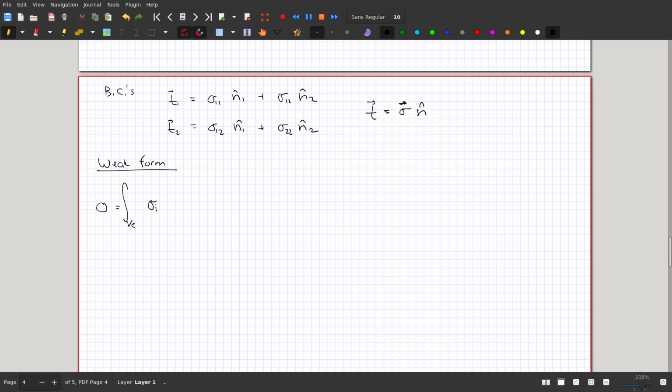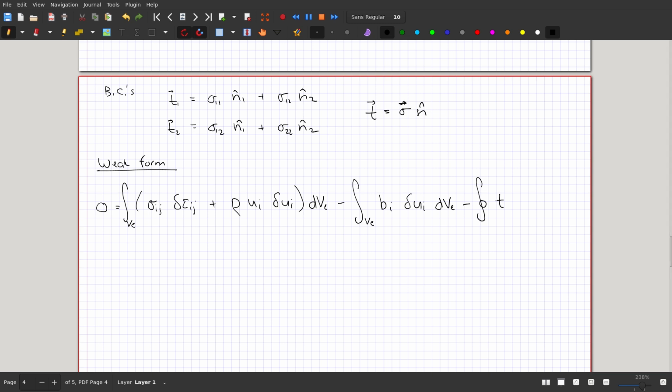It'll be sigma ij delta epsilon ij plus rho ui delta ui dVe, minus the integral over the volume of the element bi delta ui dV, plus the integral over the surface of the element.